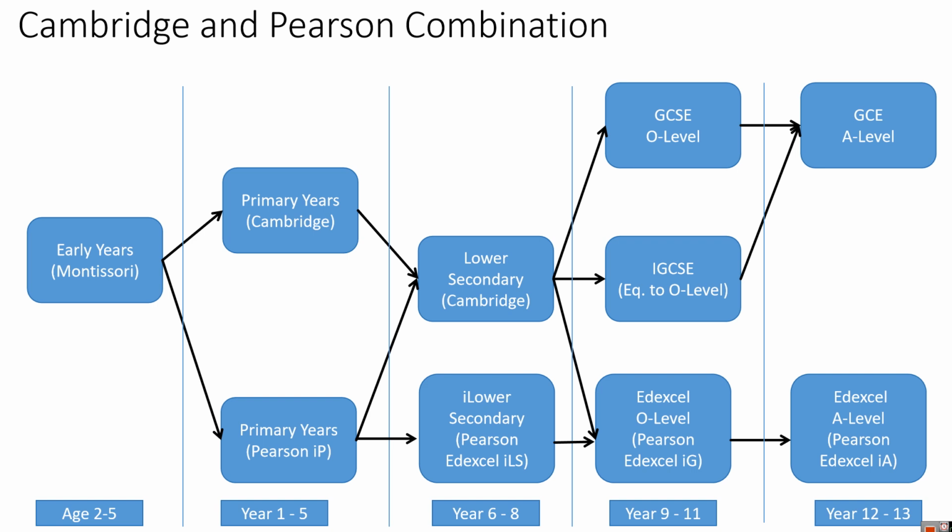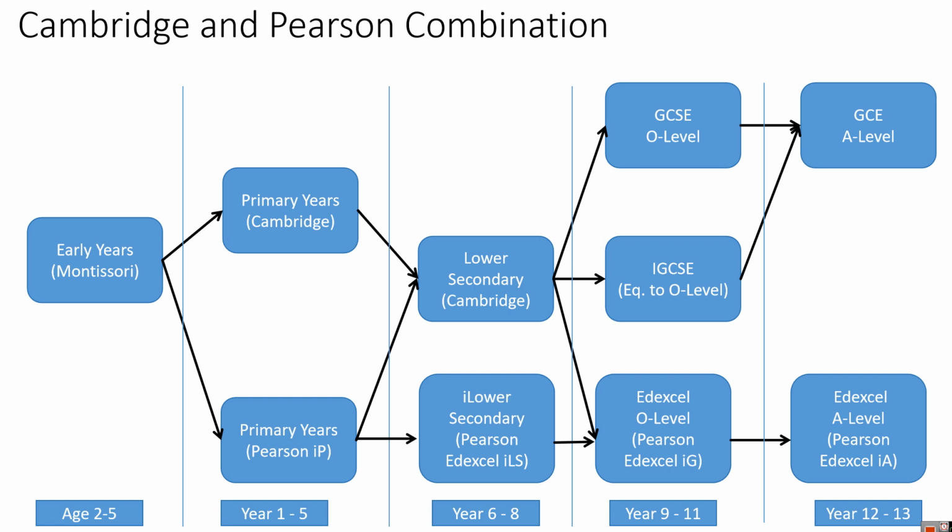And now for the Cambridge and the Pearson combination, we have again the early years, which is the Montessori. Afterwards, if you take the Pearson combination, because most of the schools that are offering Cambridge are also registered with Pearson, they offer two streams: the primary years, which is for the Cambridge, or the I primary, which is for the primary years of the Pearson and Edexcel combination, right?